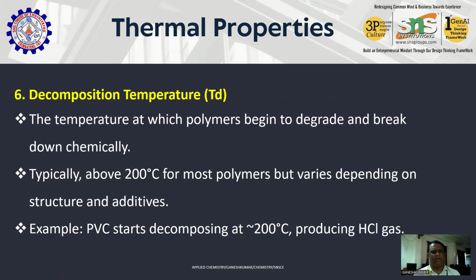PVC, polyvinyl chloride, which our pipes are made of, decomposes at 200 degrees Celsius by producing HCl. They withstand up to 200 degrees Celsius. After 200, they undergo decomposition. While decomposing, the chlorine combines with hydrogen and gives out HCl gas.